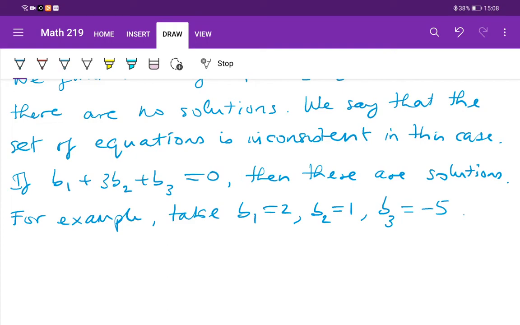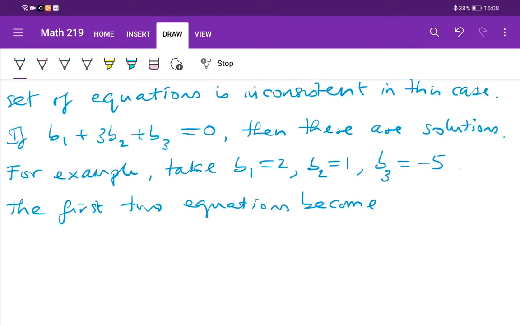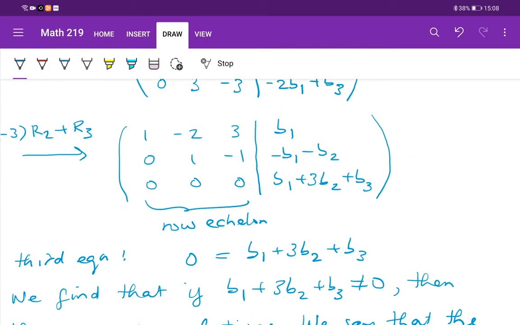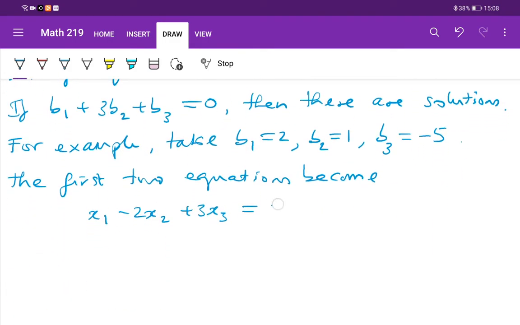Then our set of equations: the last equation is just 0 equals 0, and the first two equations become x1 minus 2x2 plus 3x3 equals b1, and b1 is 2.